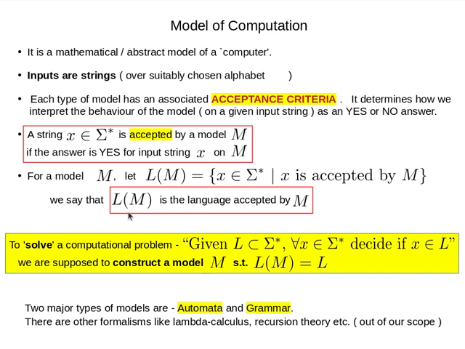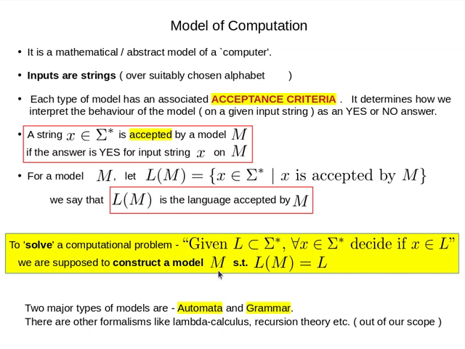So to solve our computational problem, what was the computational problem? Given L, you decide for all x whether this x belongs to L or not. To solve this, we are supposed to construct a model M such that L(M) is L. So you are given this problem, and for a particular instance x, you treat that x as an input to your computer.